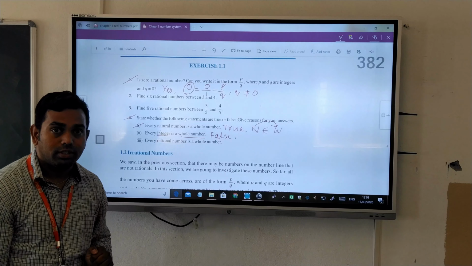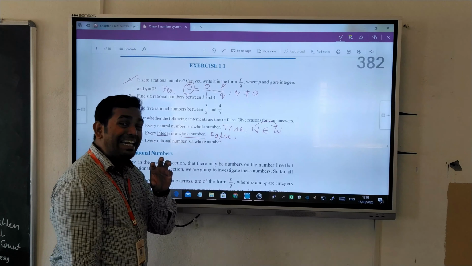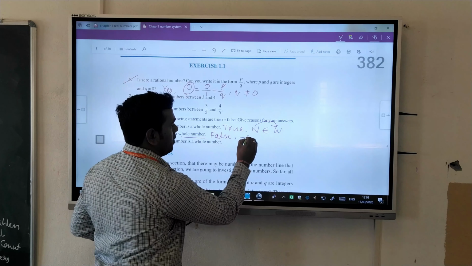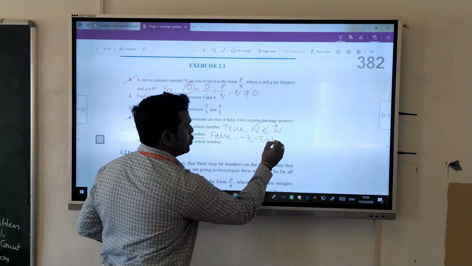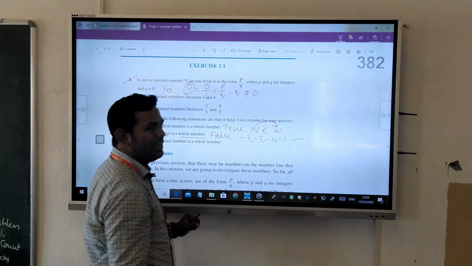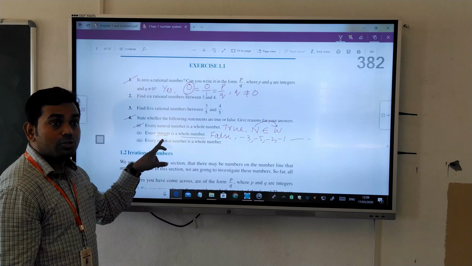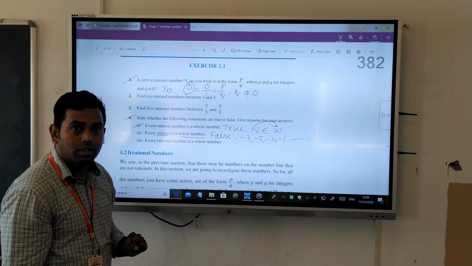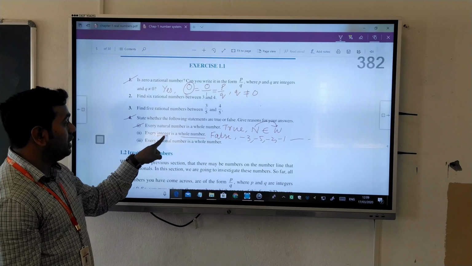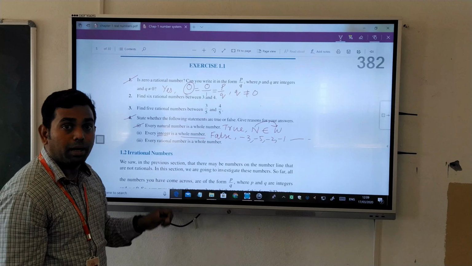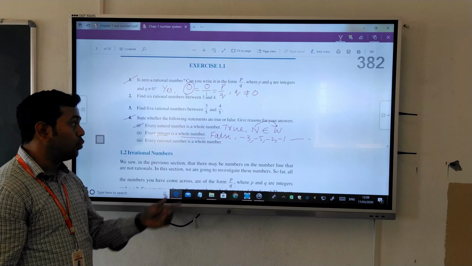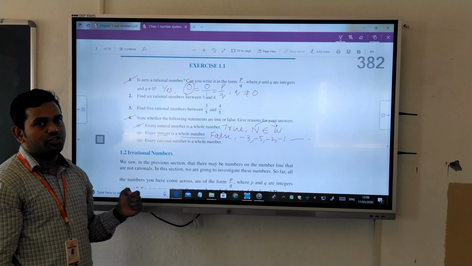What are those numbers? Those are negative numbers. For example, -3, -5, -2, -1. All these negative numbers are integers, but they are not whole numbers. So that's the reason every integer is not a whole number. But the reverse is true: every whole number is an integer. Is that clear?